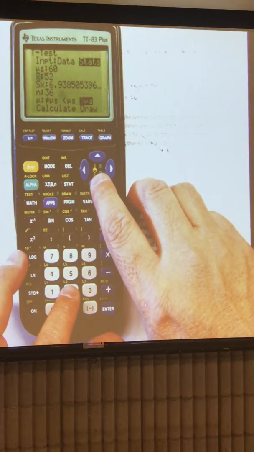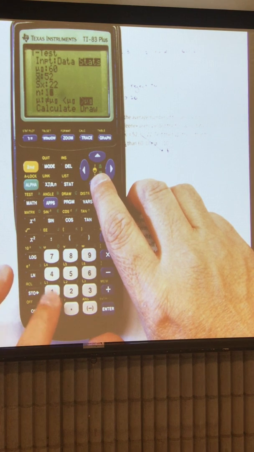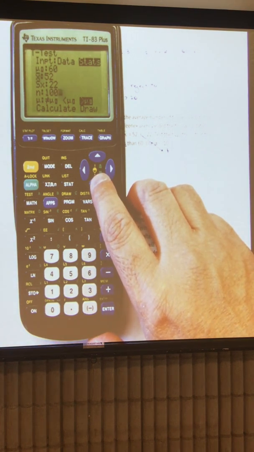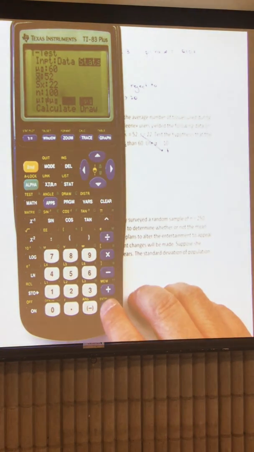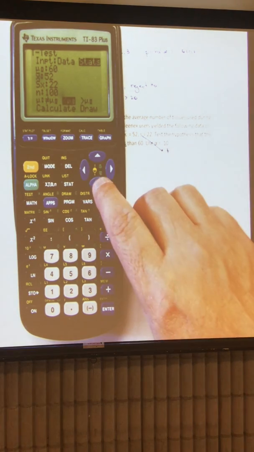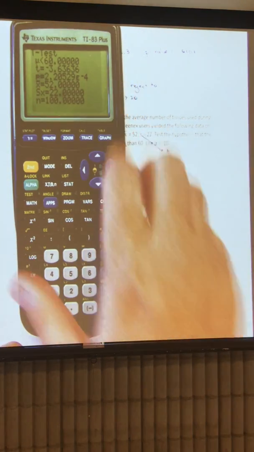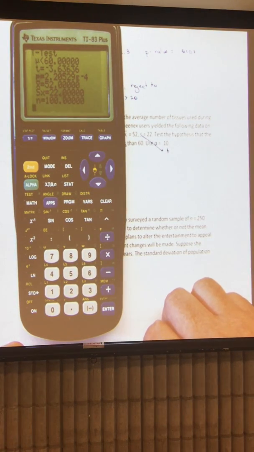The standard deviation is 22. And the sample size is 100. This is case number 2, so we have to click on the second case. And then we click Calculate. So for this problem, we can see the t-test, negative 3.636, and also the p-value.